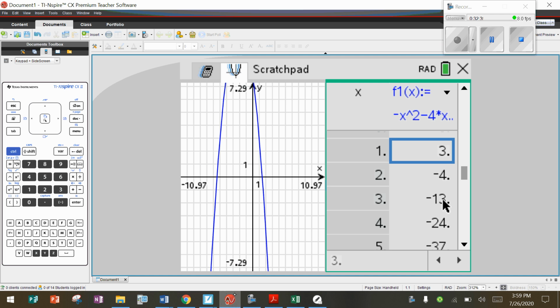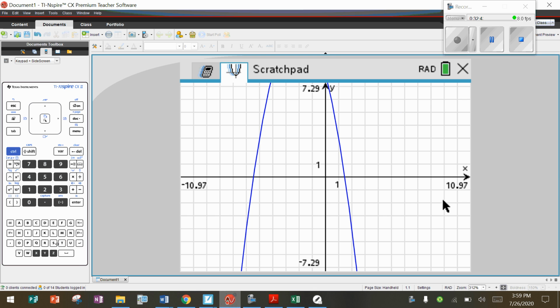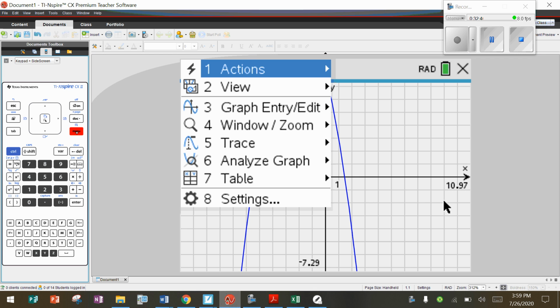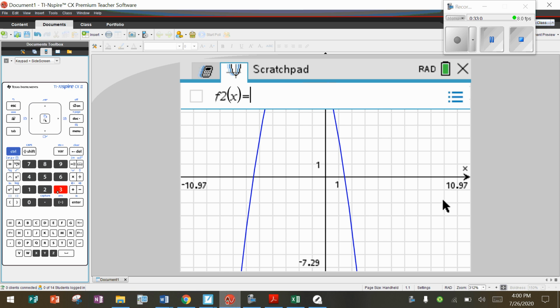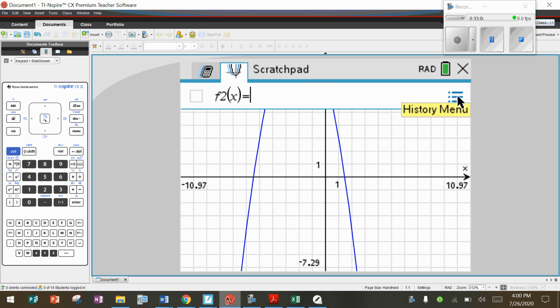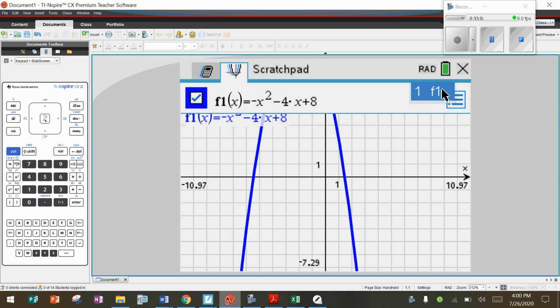So I'm going to go back over to my calculator, get rid of my table, and view my entry line. So I hit menu, number 2 for view, and number 3 for graph entry line. Then I can move my cursor over to this history menu and go back to function 1 and just type in the new function.